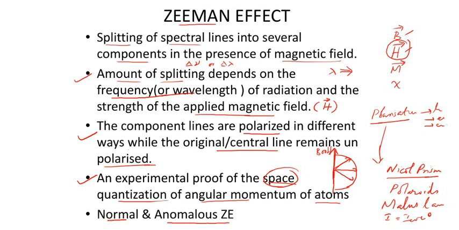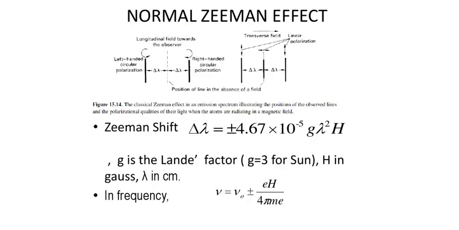Now, what we are discussing in astrophysics is the normal Zeeman effect, where you can see that you will get a central line, and you will be getting a left line and a right line, which are two component lines. Two types of observation will lead to two different types of patterns.